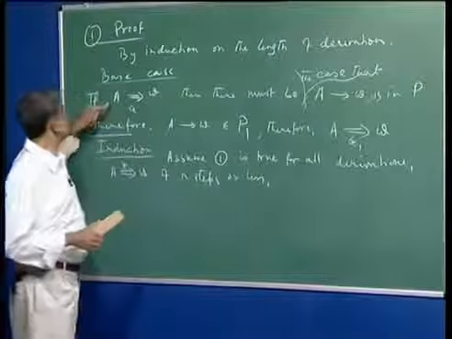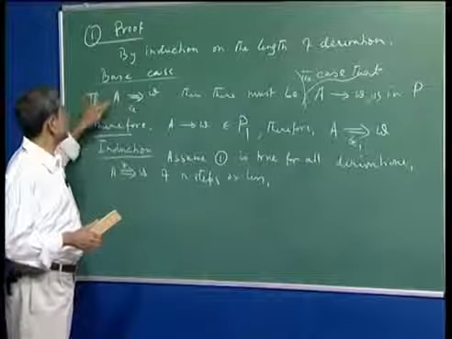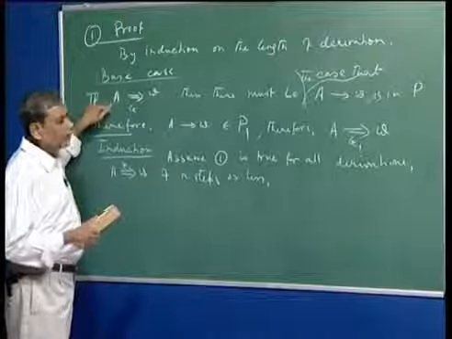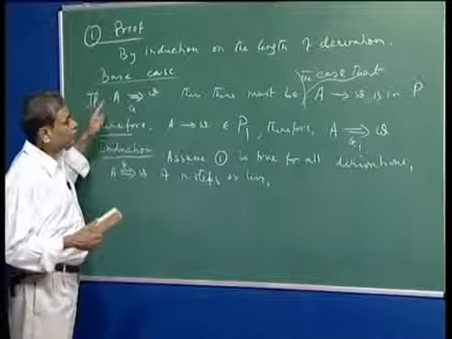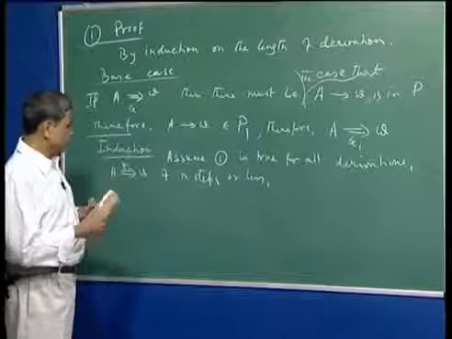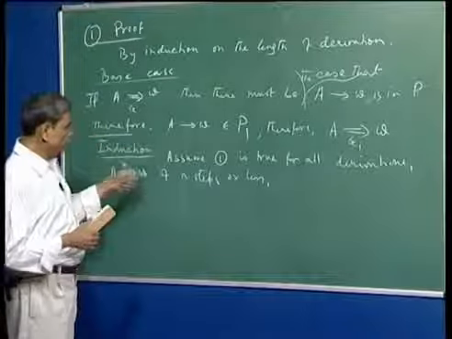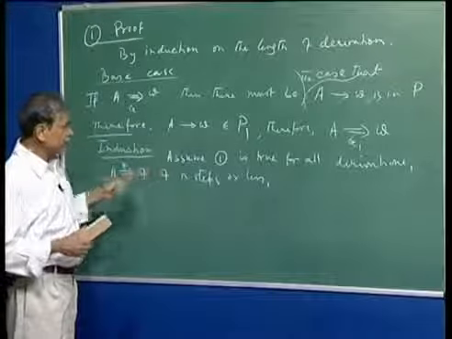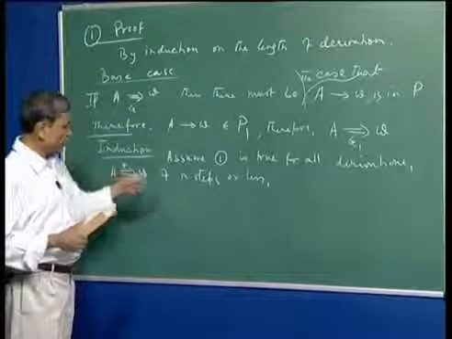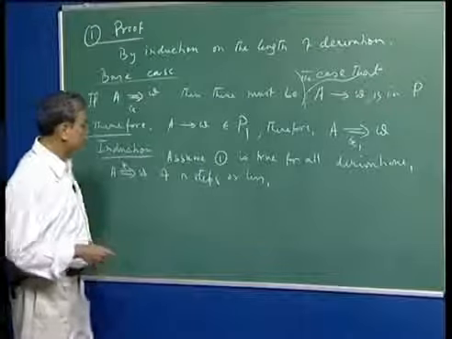This is a general A. For any A we proved this. So, in particular we proved the base case for every non-terminal, and now we are carrying out the induction step. So, 1 is true for all derivations of n steps or less.